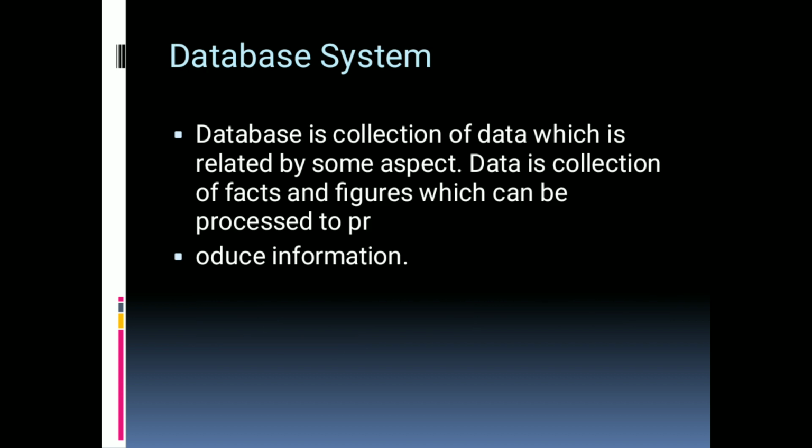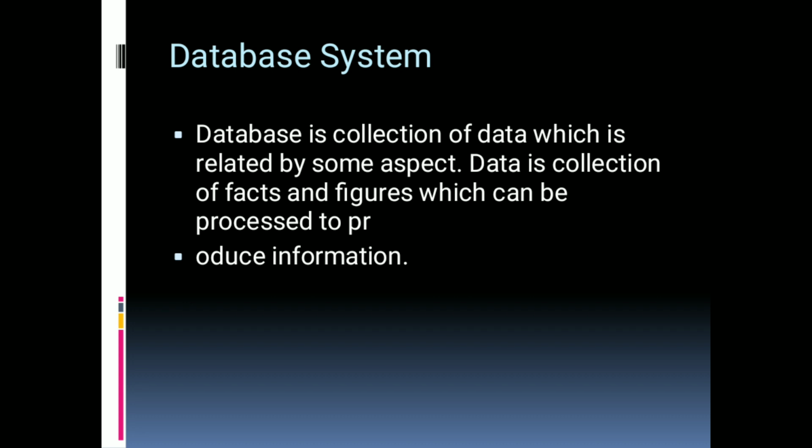So we'll see what a database system is. A database is a collection of data which is related by some aspect. So what is a database? It is the collection of data which is related by some aspect.